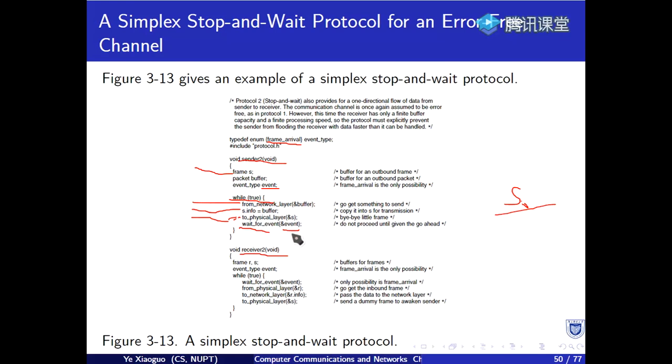Frame arrival means the acknowledgement frame arrived at the sender. So this is the sender. Then let's look at the receiver.